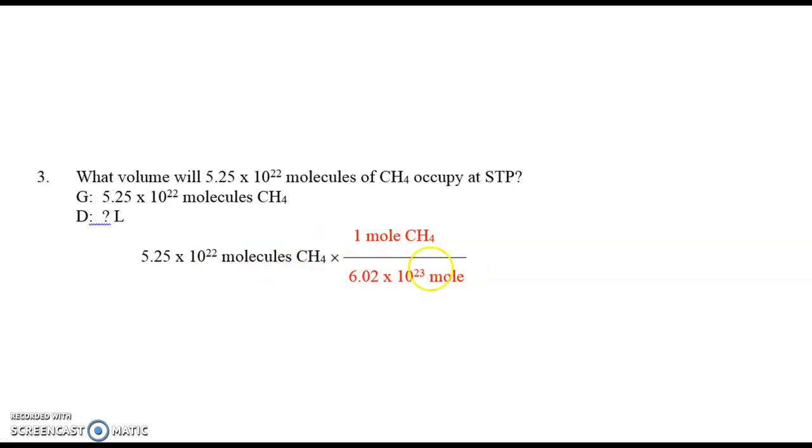Then that's going to give us our next conversion rate, 1 mole on top, 22.4 liters on bottom. We just added another step here, and we get 1.95 liters of methane. So again, going from molecules to moles, from moles to liters, looking at volume. So just a two-stepper there.